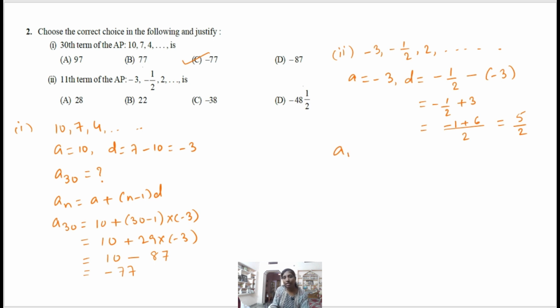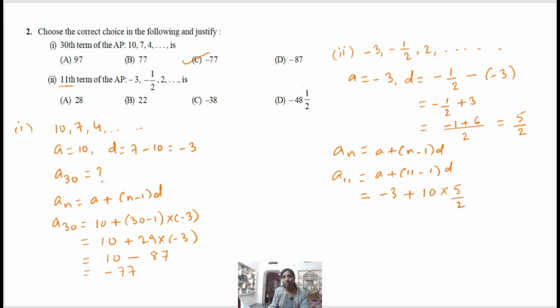Now write the formula. an is equal to a plus n minus 1 into d. We want to find here the 11th term. So a11 is equal to a plus 11 minus 1 into d. Put the value of a. Here a is minus 3 plus 11 minus 1 is 10 into what is the value of d? 5 by 2.